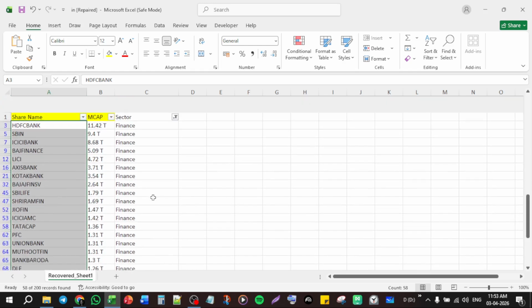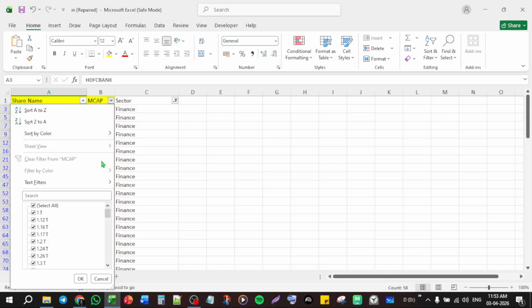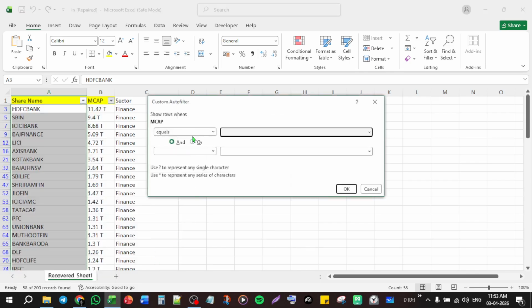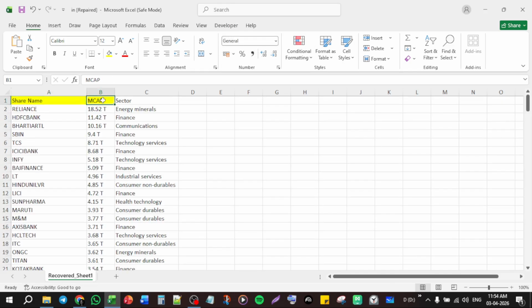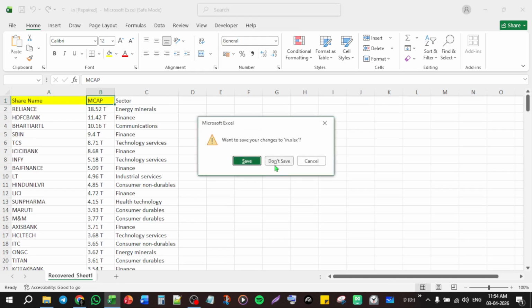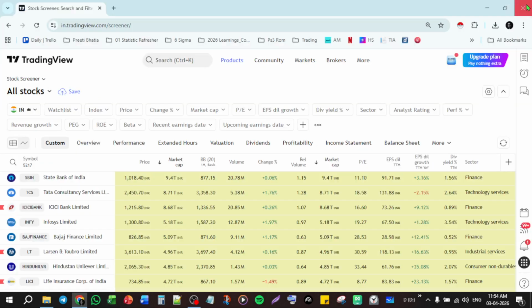Here you can again filter by making a custom filter, say greater than one point. No, it doesn't work here. Sorry, but you can manage it. You know what I'm saying, right? So this is one way to make your watch list.